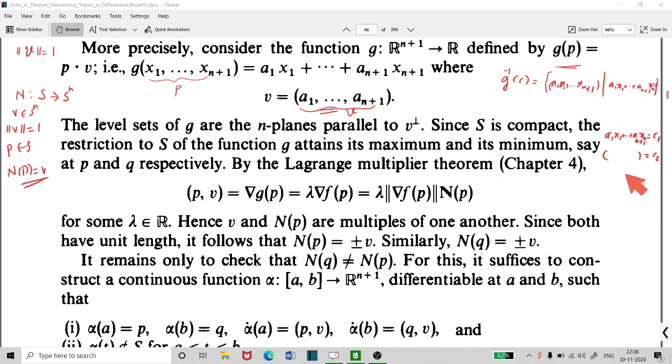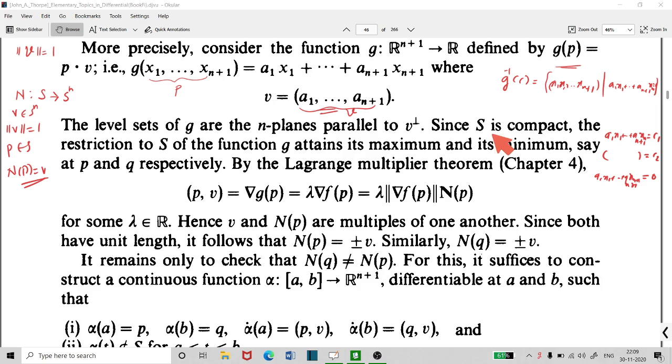So these are all parallel planes. You can say that equal to 0 is also a plane. These planes are orthogonal to v, so all these level sets are planes parallel to v perpendicular. That is the geometry of this g.